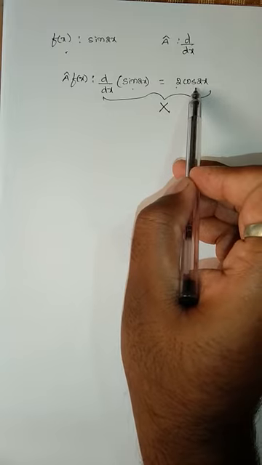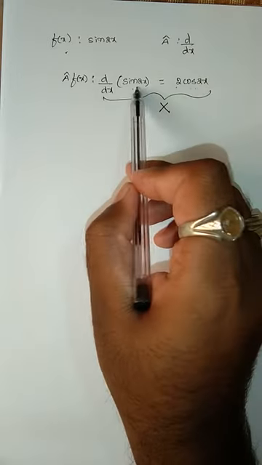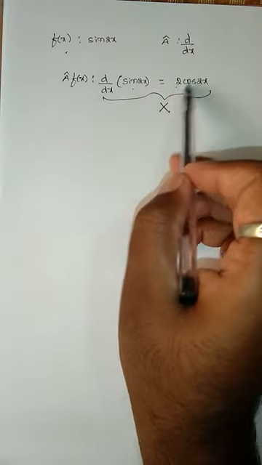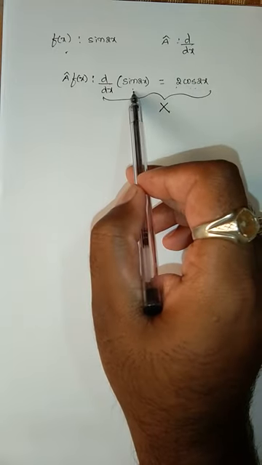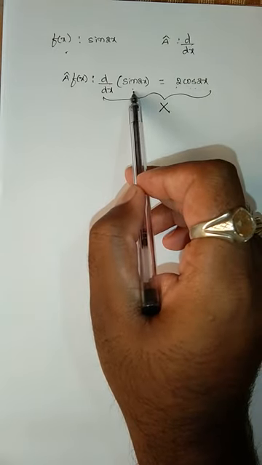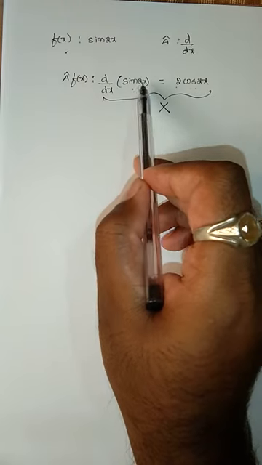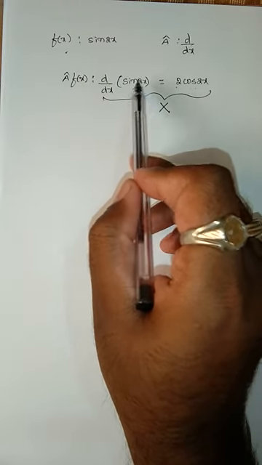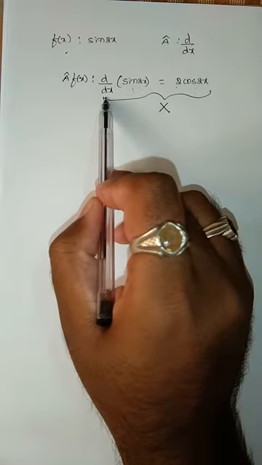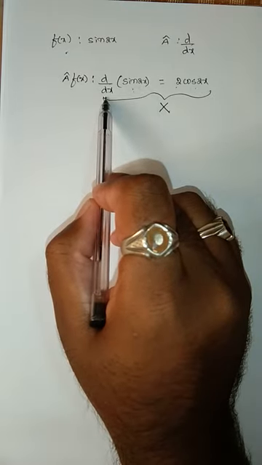Instead we have cos 2x. So these two are not the same, though it is multiplied with a constant. So this is not an eigenvalue equation, and sine 2x is not an eigenfunction of the operator d by dx.